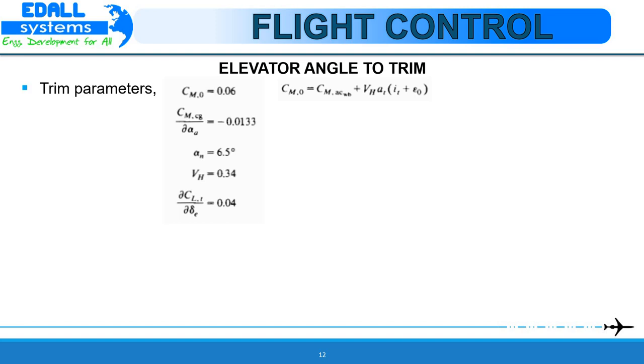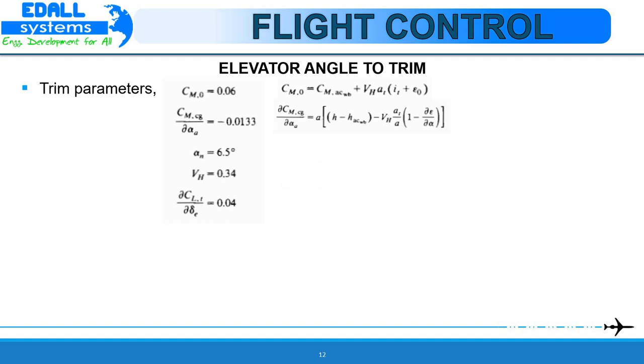When the wing body combination is at zero lift, then we have dou Cm Cg by dou absolute angle of attack. We have the formula as A, that is the lift slope of the complete aircraft, into the difference between the lift acting through the arm movement minus the tail volume ratio into the lift slope of tail divided by the lift slope of the complete aircraft into 1 minus dou E by dou alpha, which is the change in downwash angle with respect to angle of attack.